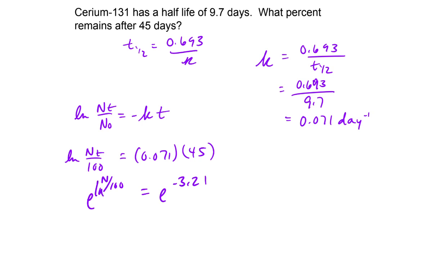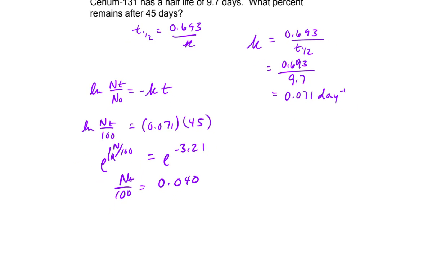That means n sub t over 100 is equal to 0.040. Multiplying by 100, we get n sub t equals 4. So 4%. All right. Questions on that?